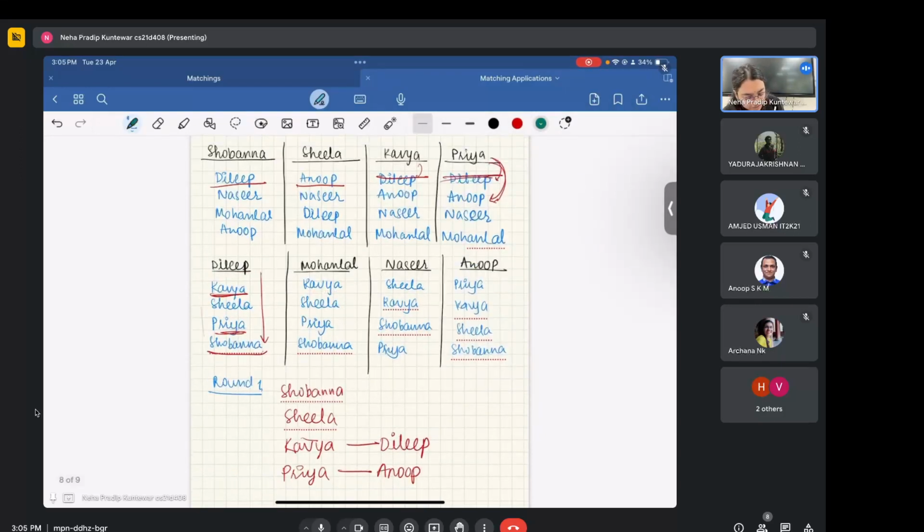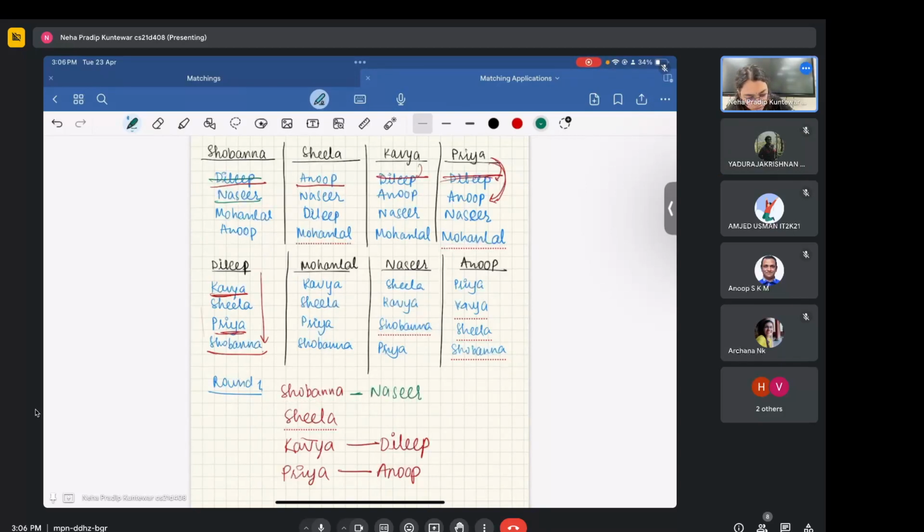Next, Dilip has rejected Shobana, so now Shobana proposes to Nasir, and what happens now? Does he accept? Yes, because he is single, so he accepts the proposal.